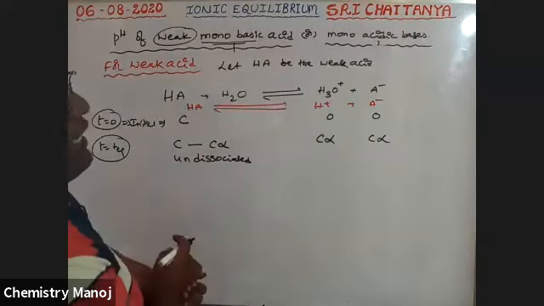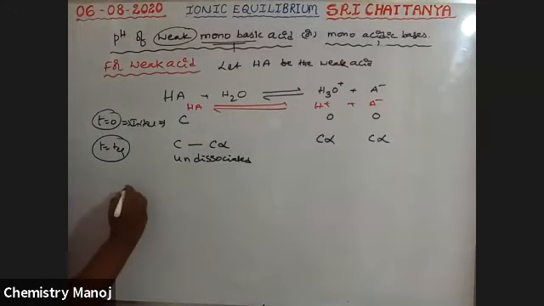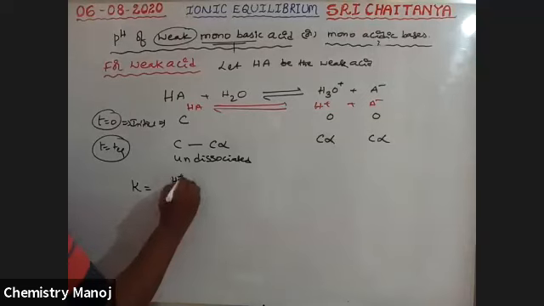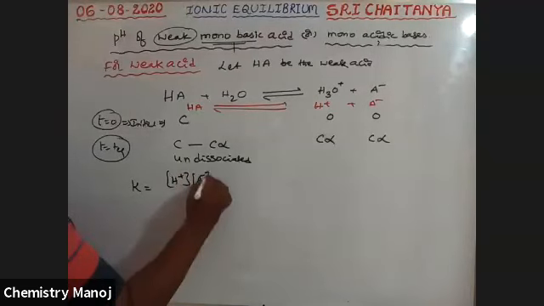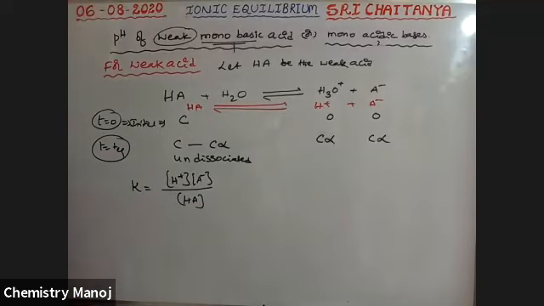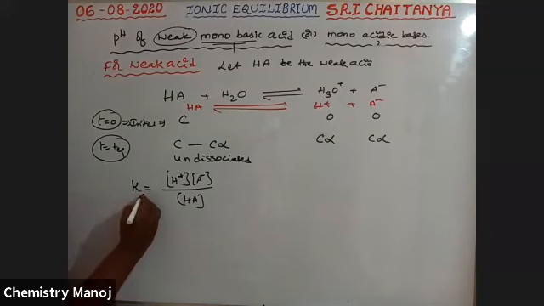Try to calculate the equilibrium constant. For this equilibrium, K is equal to the product concentration over the reactant concentration, that is H plus concentration into A minus concentration by HA concentration. Because I am applying it for weak acids, this equilibrium constant is called Ka.